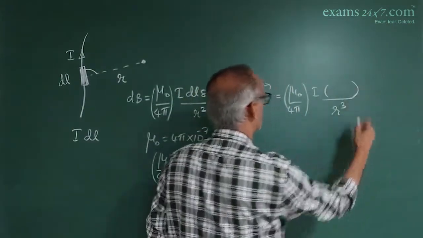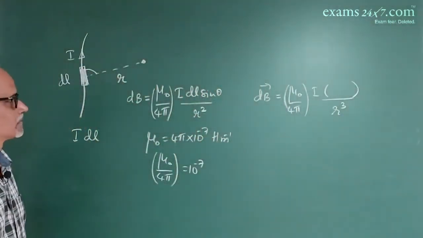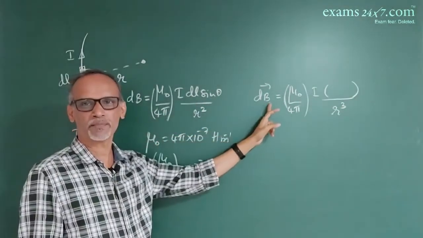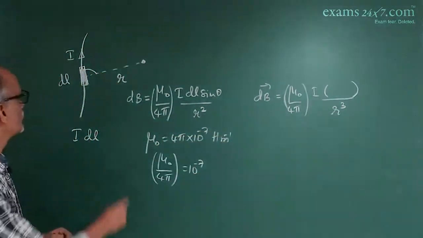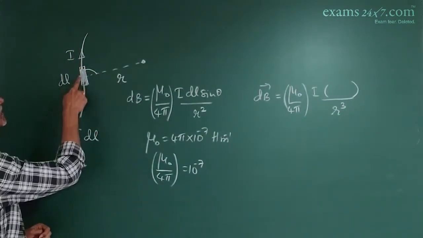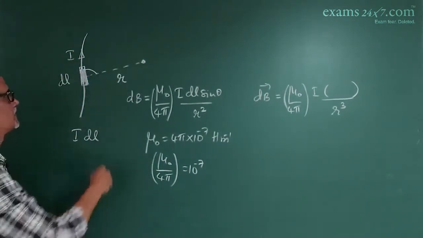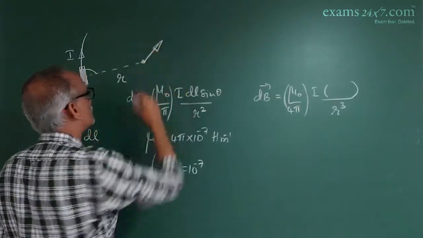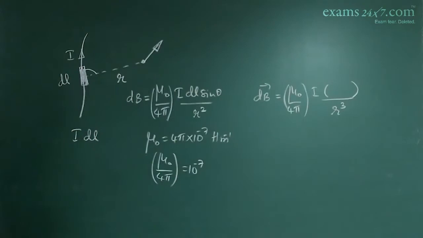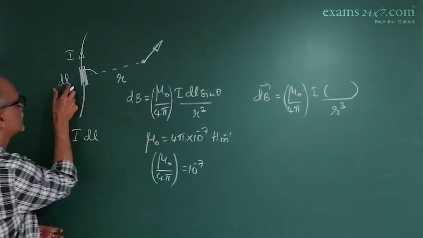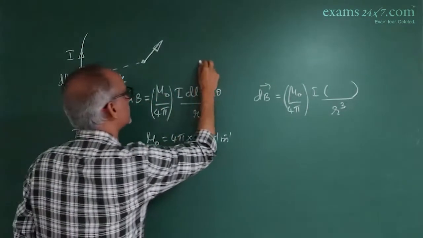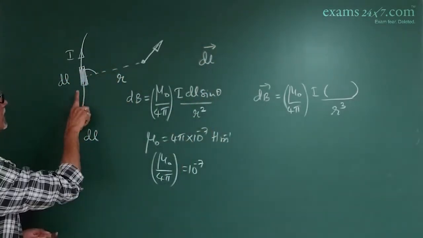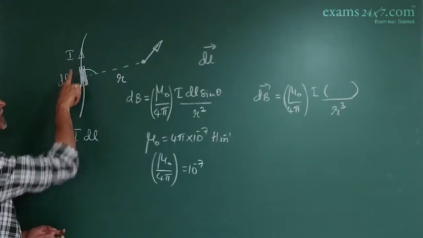and we get the cross product, so that with the help of the cross product we can find the direction of the magnetic field. So when the current flows through this conductor, the magnetic field will be inward. We consider this dl to be a vector, dl vector, which will be in the direction of the current.